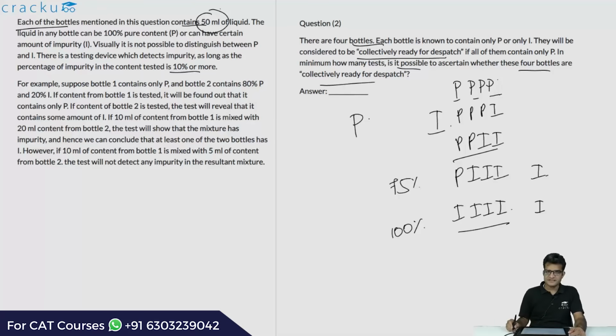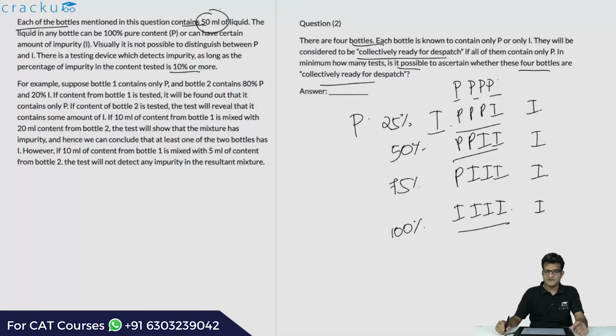In the third case, if 2 bottles are pure and 2 bottles are impure, the percentage impurity, if you are mixing equal quantities from each of the 4 bottles, will be 50%. So the test will again determine that this is impure. In the second case, if you are mixing equal quantities from each of the 4 bottles, the percentage impurity will be 25%. So the test is going to determine that this is impure.